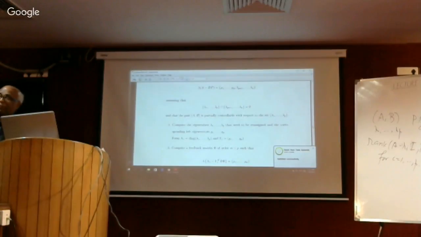But we have to construct a feedback matrix in such a way that the closed loop system will be such that those first p eigenvalues are replaced by the ones given to you, mu1 through mu p, while the n minus p eigenvalues and the corresponding eigenvectors, which are not known to us, will remain unchanged.